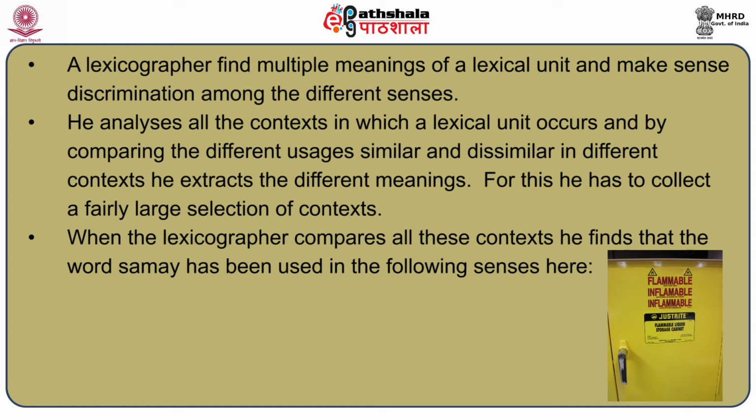The more frequently occurring meaning is taken as the basic meaning. The frequency of the word table in the meaning a piece of furniture is the highest. Of all the uses of the word, the meaning an orderly arrangement of facts, as in census table, is far less frequent. So, frequency can be an important part in determining the meaning.